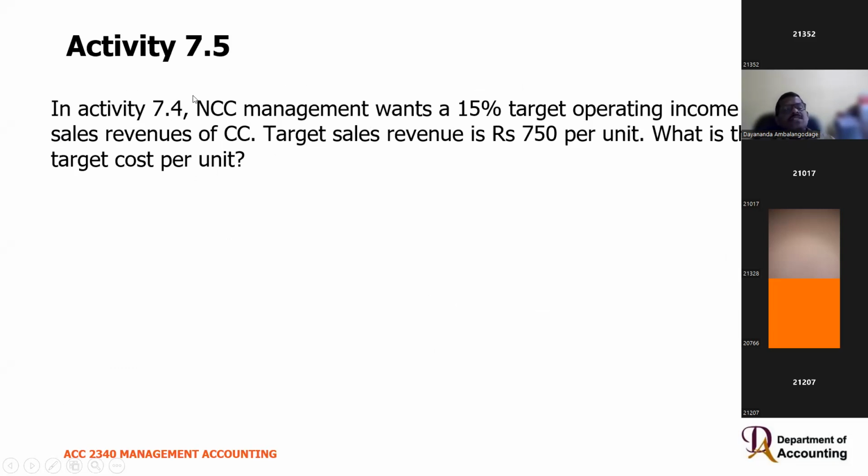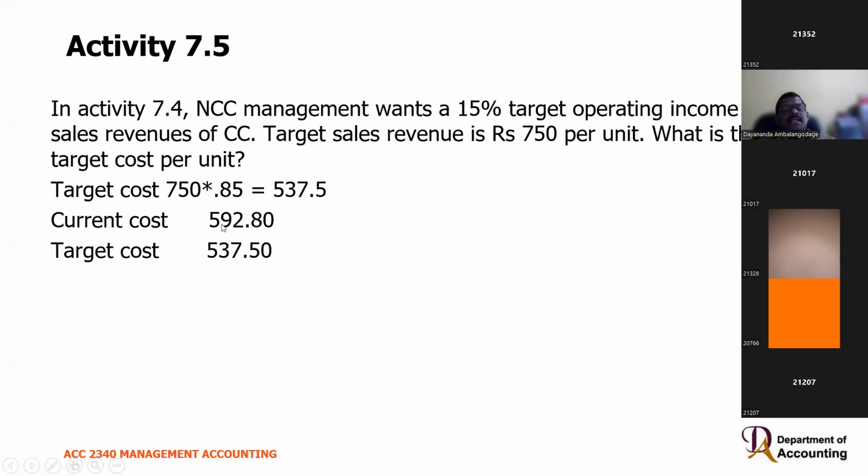So we will focus on the 7.4 example. I think the target cost would be, because it is 15% operating income and the price is 750, thereby 85% needs to be the target cost. So 750 into 85% is the target cost. Then the current cost we have calculated as per 7.4.